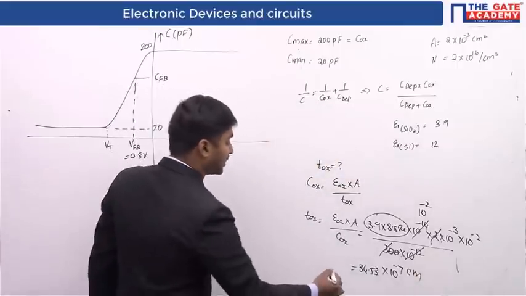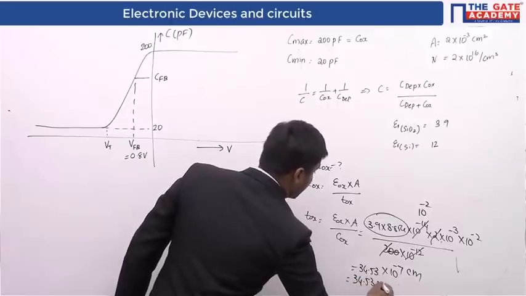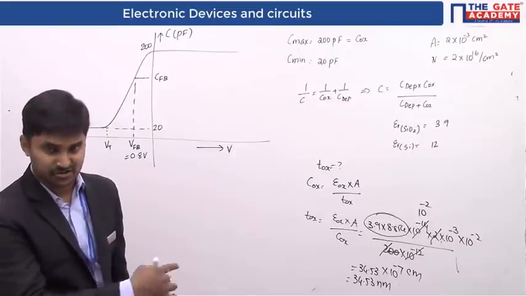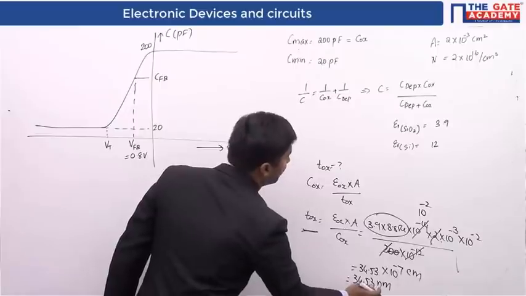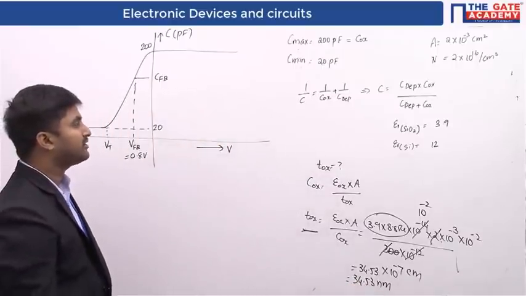So it is going to be 34.53 nanometers. This is the oxide thickness, which is equal to 34.53 nanometers.